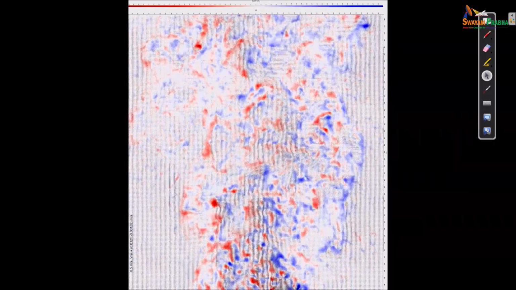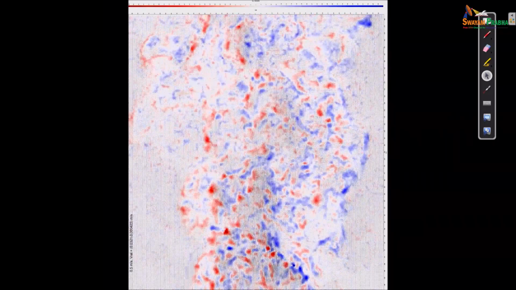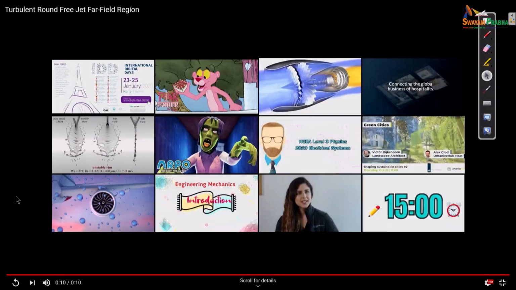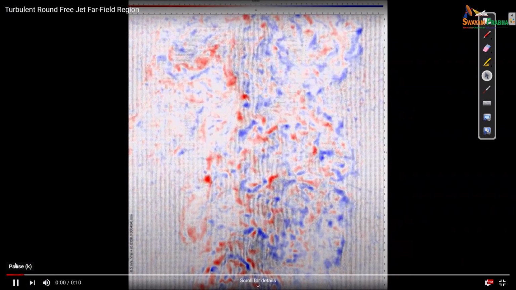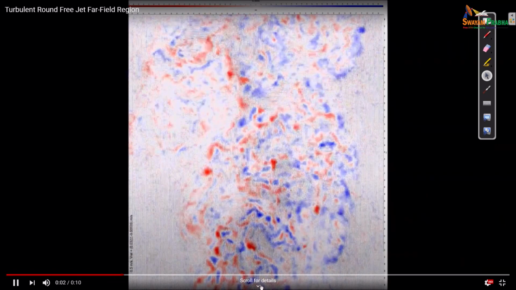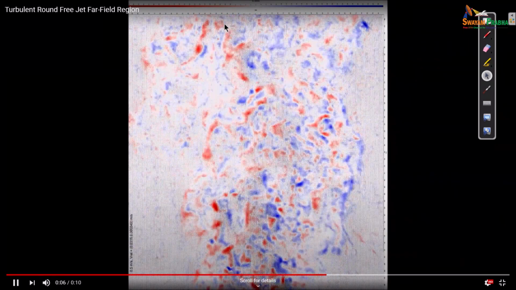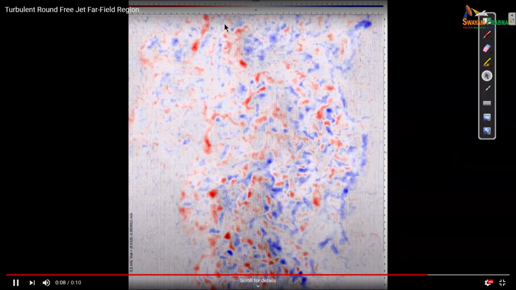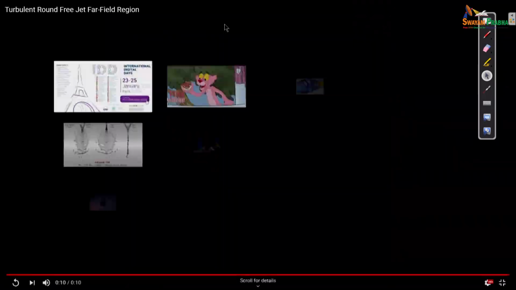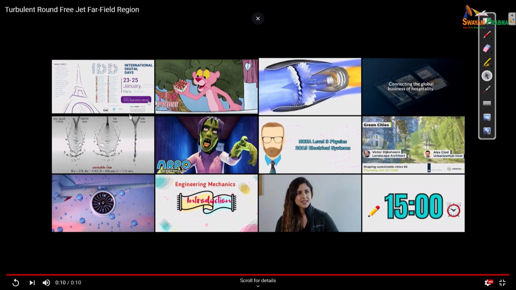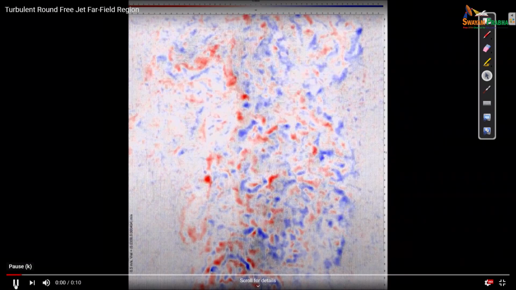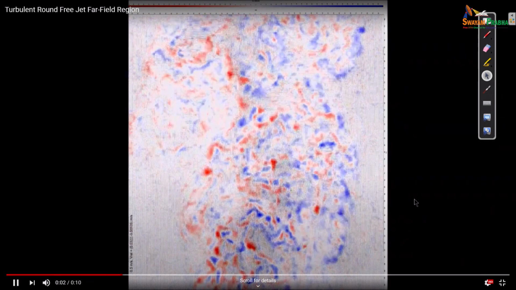What one must be looking at is how things are changing as we move along with the flow, along the direction of the flow, which is bottom up here, and also how it is behaving across it.